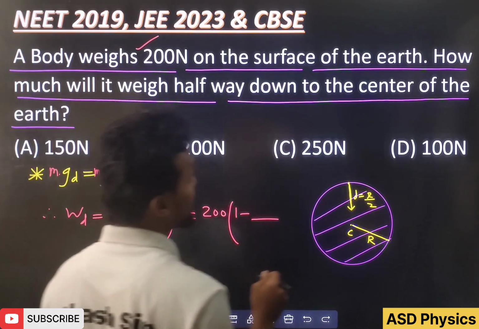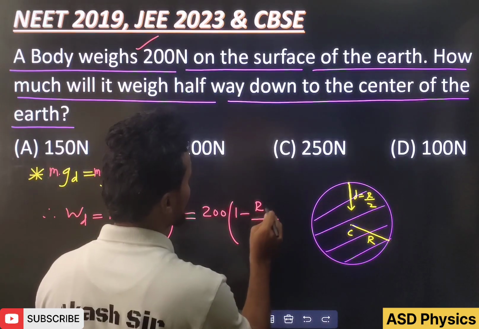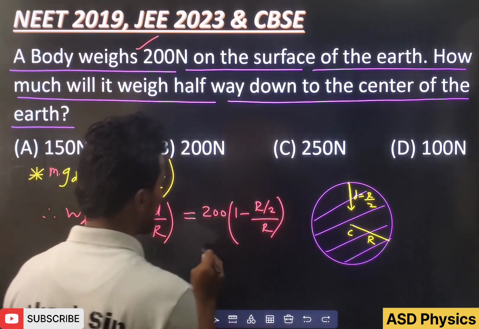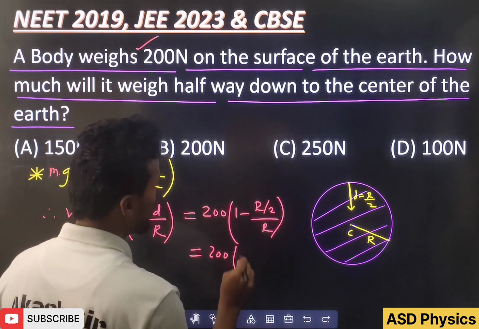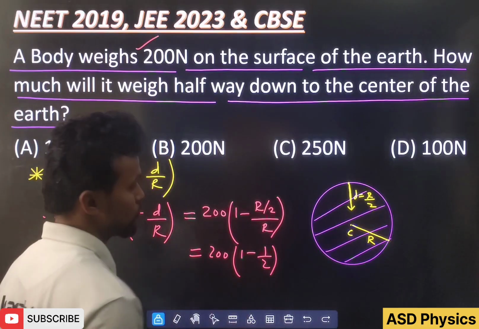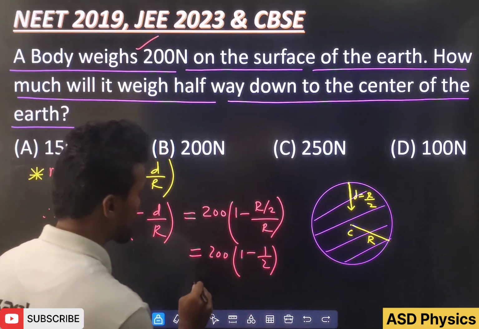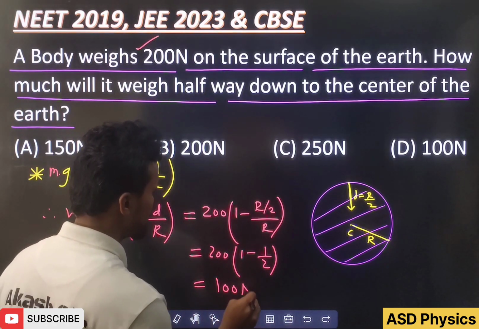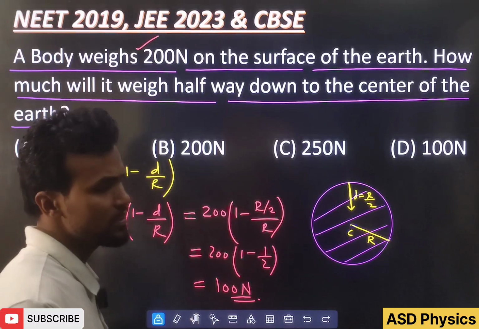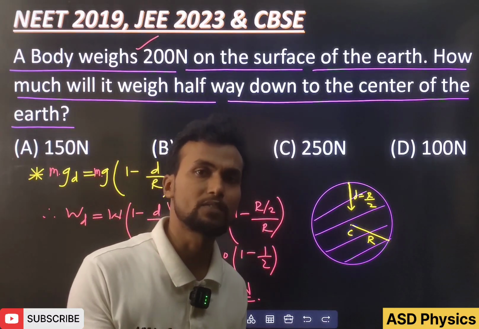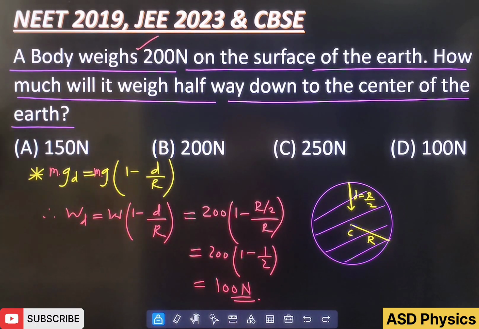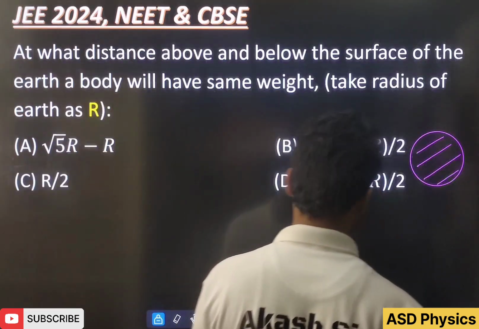Halfway down. The d value is R by 2, so R by 2 by R. So we can write 200 times (1 minus 1 by 2), is it? So 200 into 1 by 2, the answer will come 100 Newton. As gravity decreases by half, the weight will also decrease by half, because weight is directly proportional to gravity. Okay, remember that.